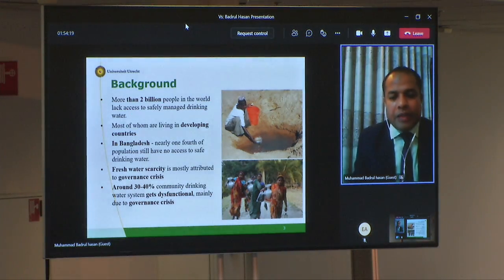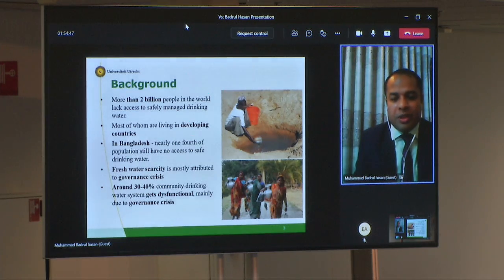Background. As you all know, more than 2 billion people over the world lack access to safely managed drinking water systems, most of whom live in developing countries like Bangladesh. Bangladesh is part of South Asia, where drinking water scarcity is a major issue. One statistic found that more than a quarter of the total population don't have access to fresh drinking water.